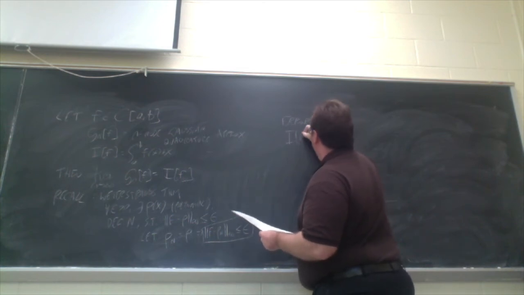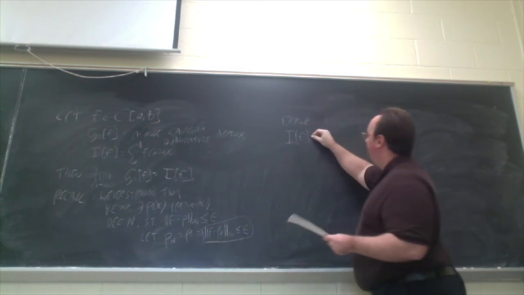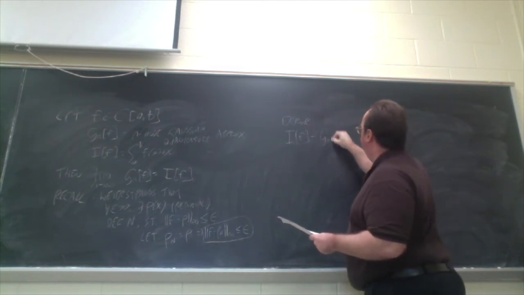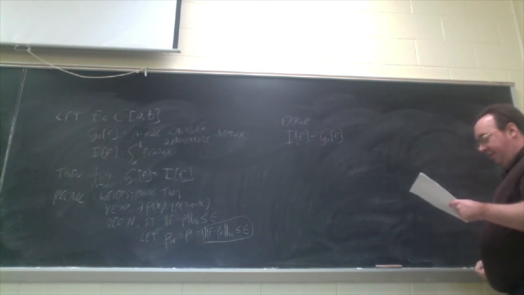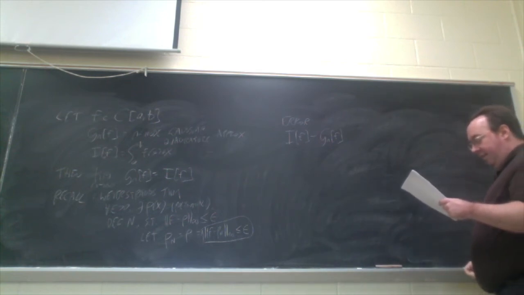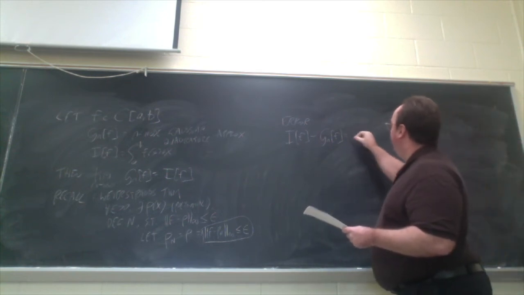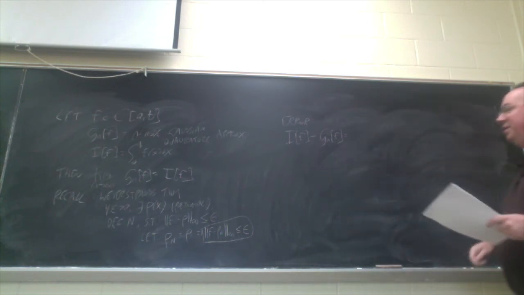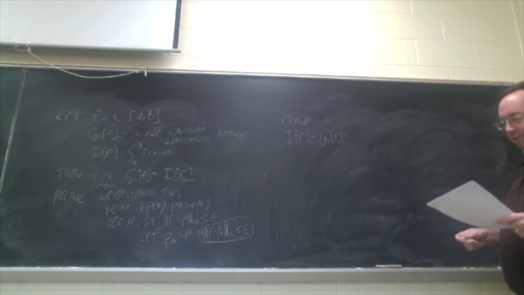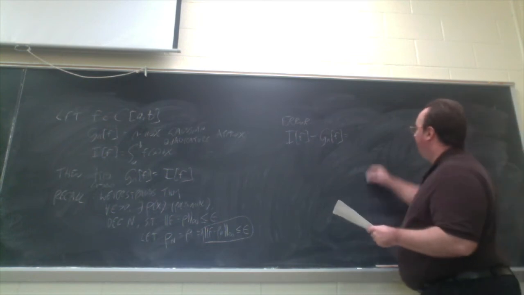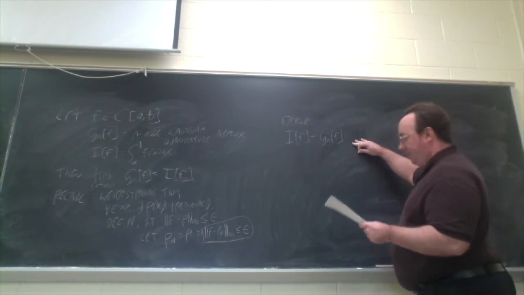So I have the exact integral minus my Gaussian quadrature approximation. I'm going to bound this error in 3 stages by introducing some terms.